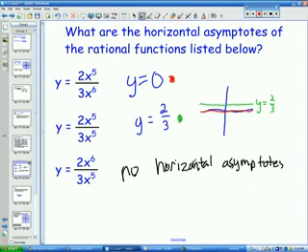Eventually in pre-calc you'll talk about slant asymptotes, but for this class right now we're just going to talk about the horizontal asymptotes, and for this there are no horizontal asymptotes.